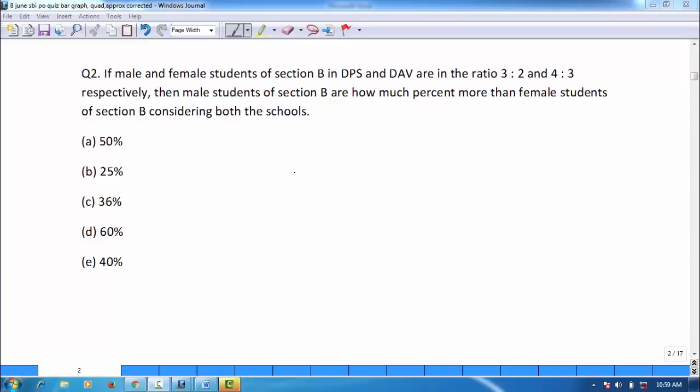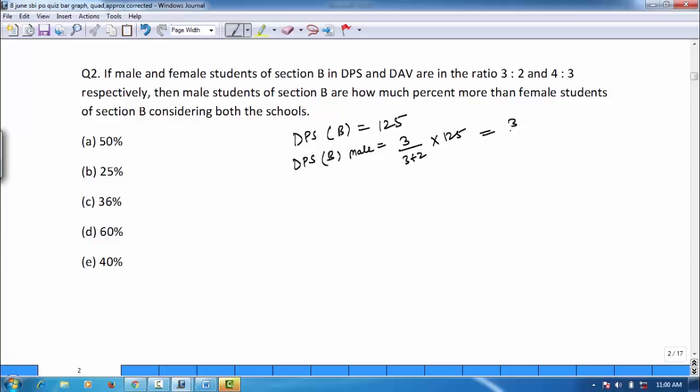So the number of students from DPS section B is equal to 125, and the number of male students from DPS section B will be equal to 3 by 3 plus 2, because the ratio is 3:2, into 125. That will be equal to 3 by 5 into 125, and the number will be 75.